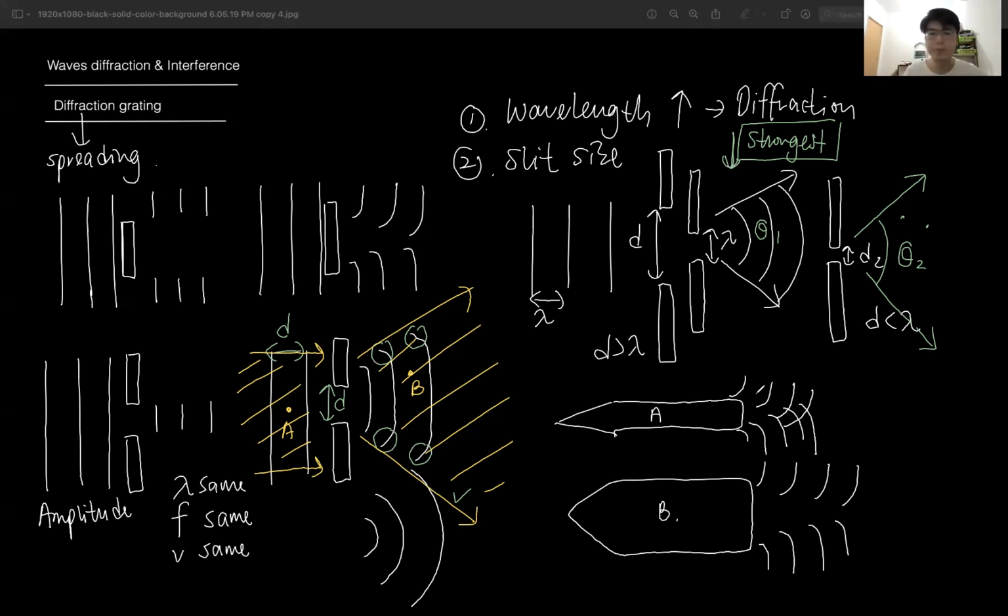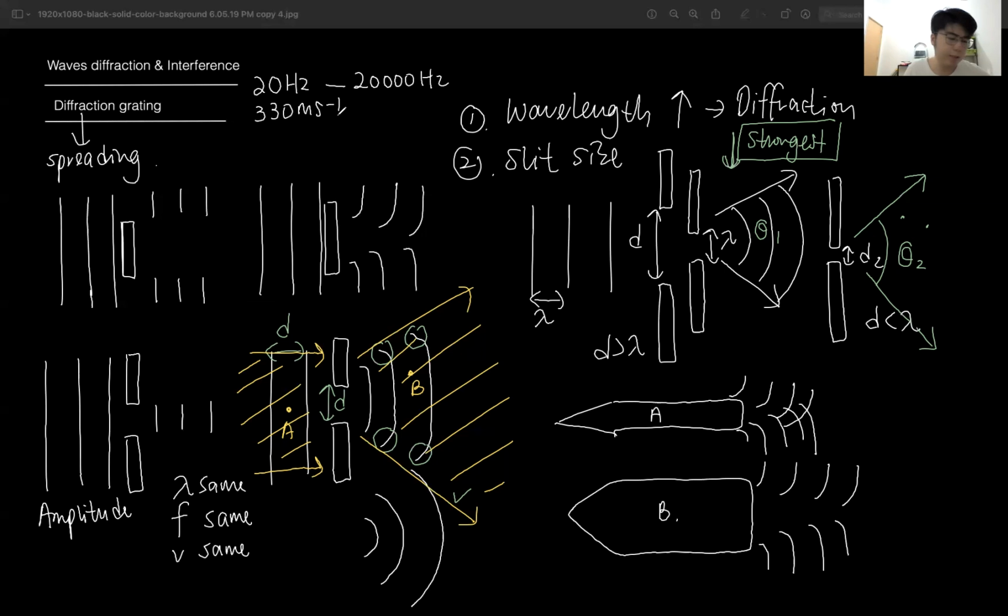Diffraction of sound waves. What is the range of frequency that we can hear? Sound wave range of frequency. The human audible hearing range is about 20 hertz to 20,000 hertz, right? Now, the speed of sound in air is 330 meters per second.